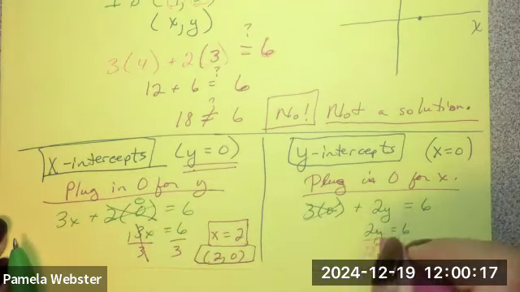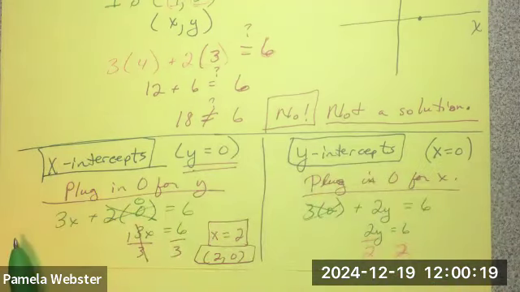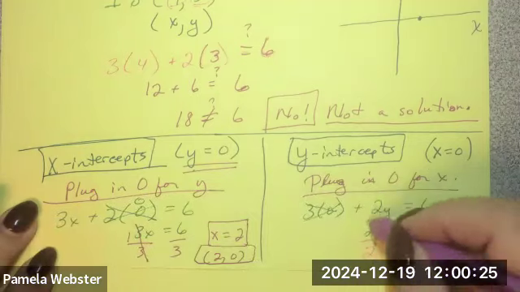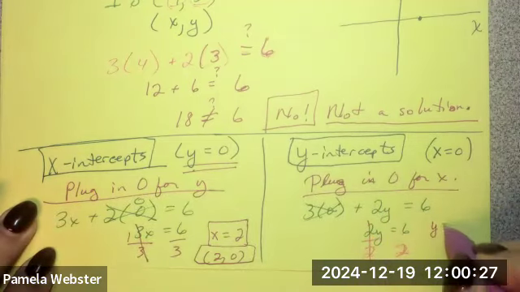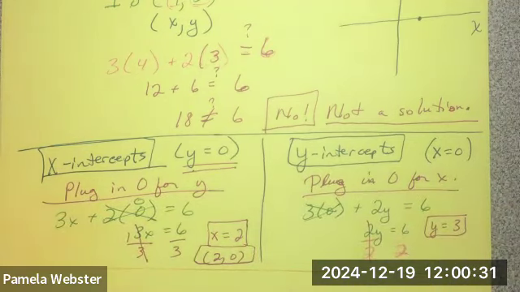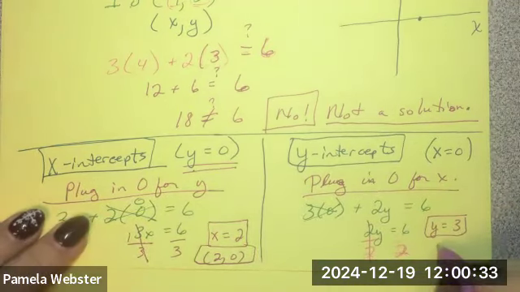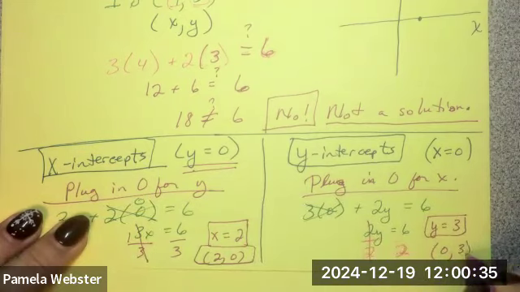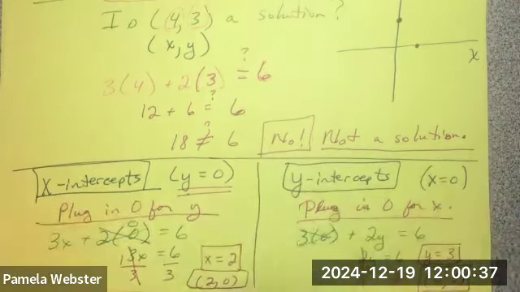And that gives me, these guys go away, y equals 3. So again, tell me the y equals 3, or you can give me the point 0 comma 3. And that tells me, hey, I plugged in 0 for x and I got out 3 for the y.